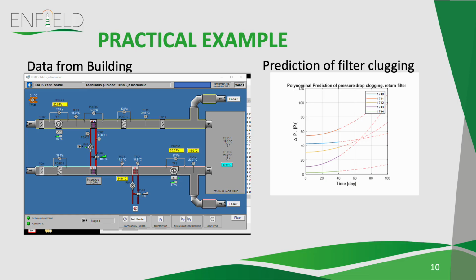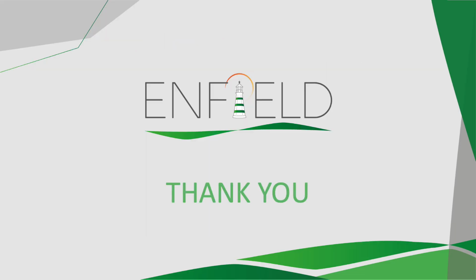It doesn't make sense to change the filter every day, but at some moment it makes sense because the price is rising, and it can be detected by predicting the pressure. And this is how artificial intelligence and machine learning can help us to make informed decisions and save energy in practice. Thank you for your attention.